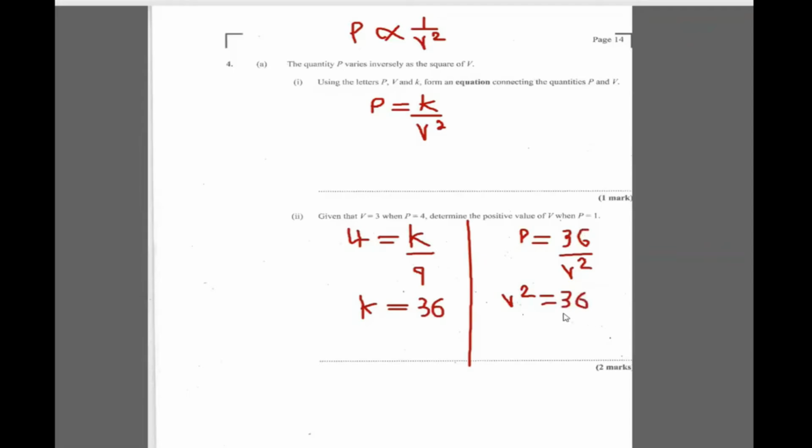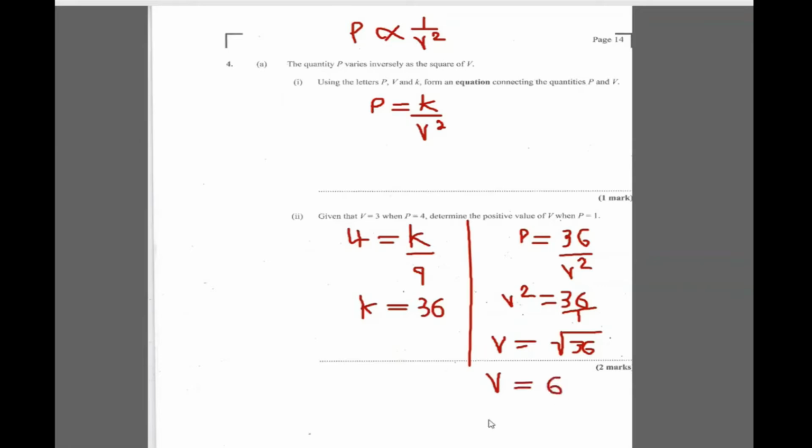P is 1. So V squared is equal to 36 over 1. If V squared is 36 over 1, then V is the square root of 36. And so the volume, if it is volume, V is equal to 6.